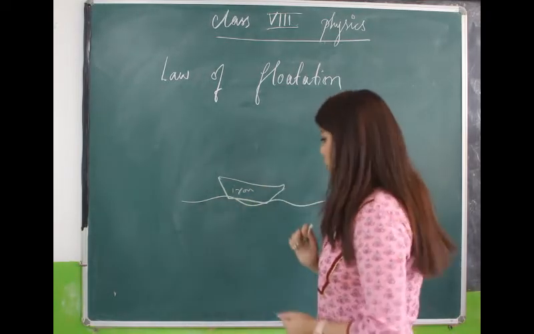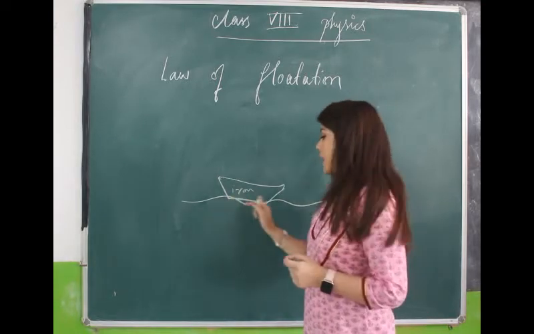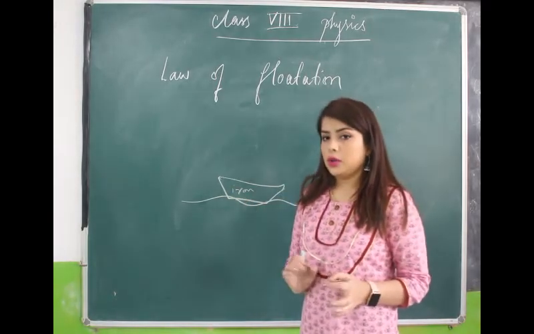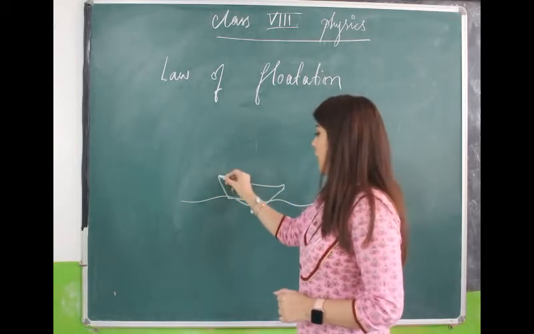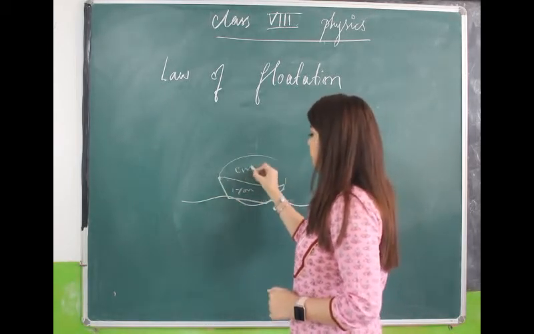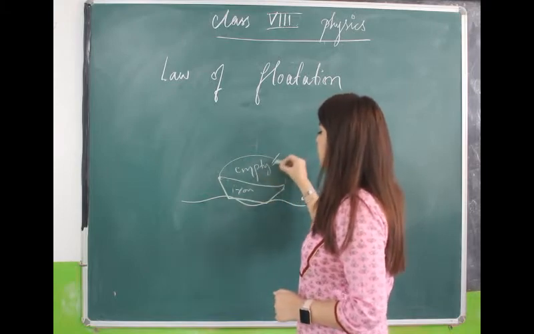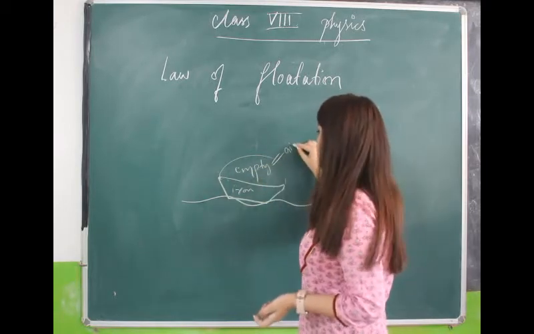So what you have to understand over here is, the density of iron alone does not matter. What also matters is, what is there inside a ship? It is vacuum. Over here it is empty. Empty means not totally empty, it has air.